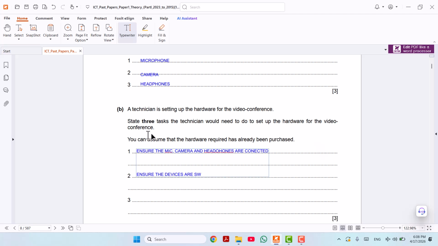Okay, switched on. After this, he should check the volume. Sometimes when I'm recording or the teacher is making a video conference, I feel I cannot hear his voice. So maybe I made the volume level down. So I must be sure to check the volume levels.